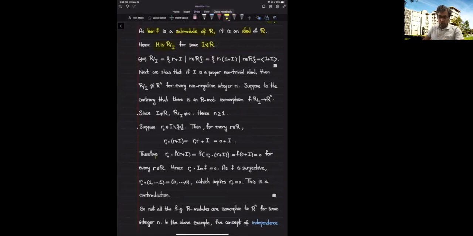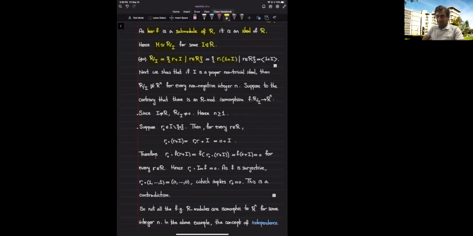which means I need to show that R over I is cyclic as an R module. Every element of R over I is a coset. It's r plus I, where small r is an element of the ring capital R. But this r plus I is nothing but the scalar r multiplied by the coset that's represented by 1.